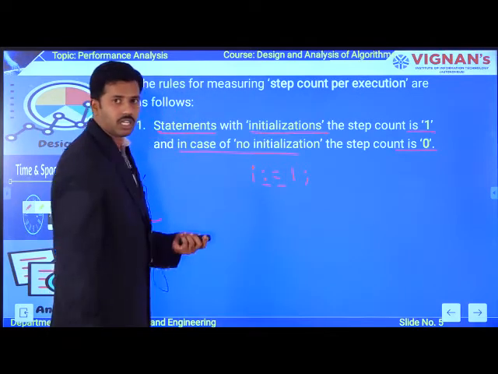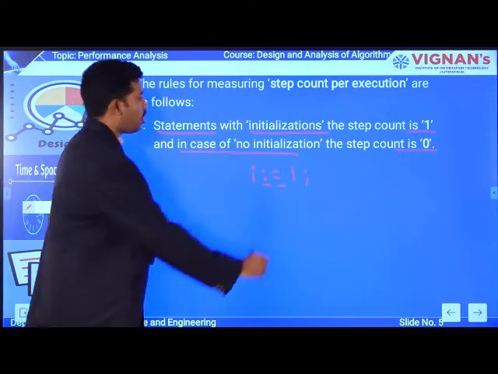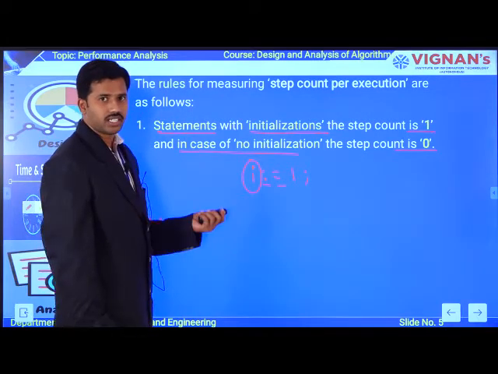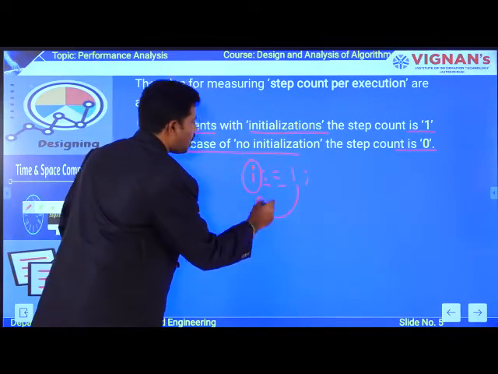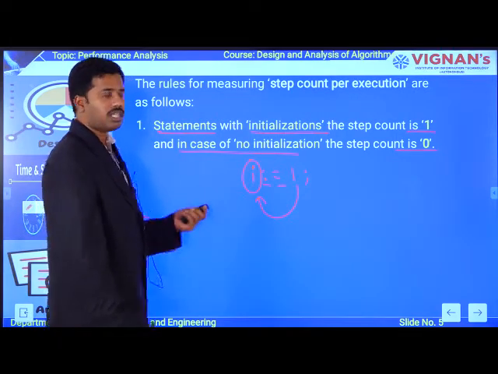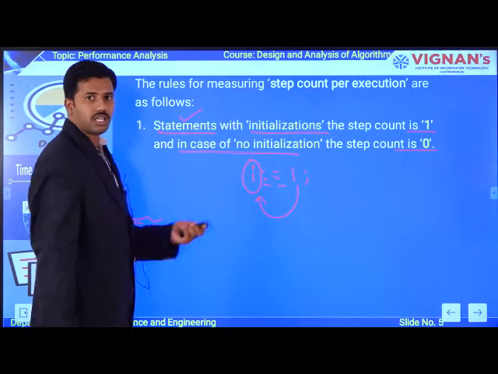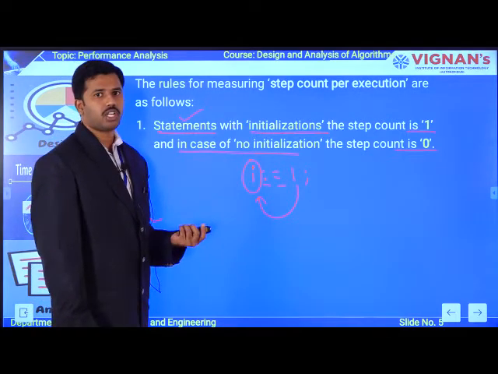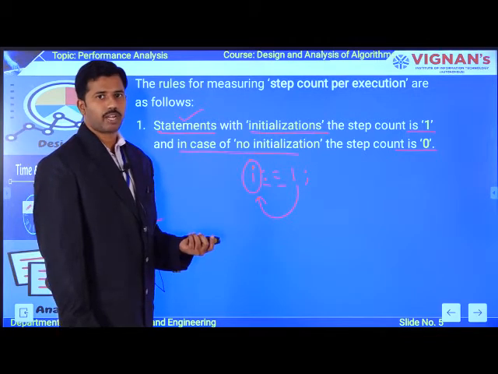Is this variable i initialized? Yes, you are initializing the value 1 to the variable i. So if initialization is available in the assignment statement, the value is 1. If it is only a declaration, you do not consider it, because the value becomes 0.